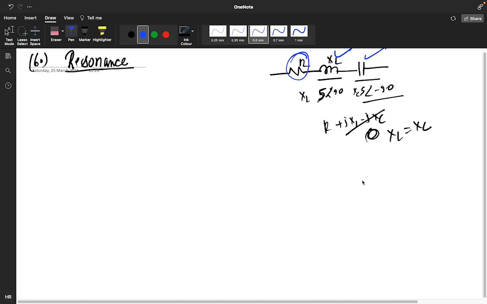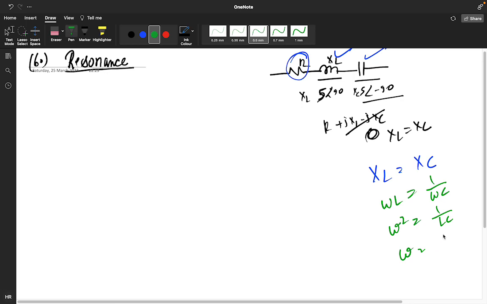Why are we saying a particular frequency? Because XL is becoming equal to XC, where the XL value is omega L and the XC value is 1 by omega C. So what value of omega do you get? Omega square is equal to 1 by LC, and omega is 1 by root under LC.